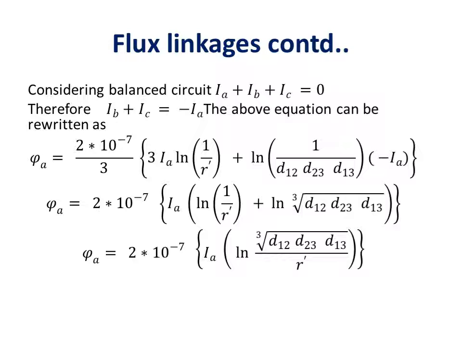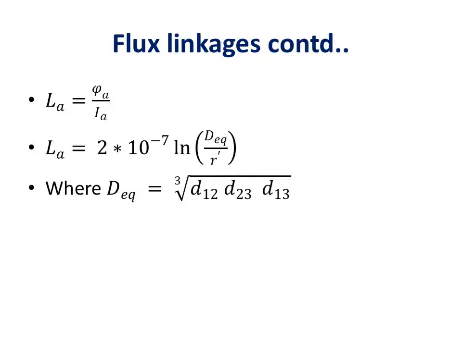And the inductance can be further estimated by using this flux linkages and current. So inductance is given by flux linkages divided by the current flowing through the inductor. So IA will get cancelled out, hence we will get 2 into 10 power minus 7 ln d equivalent by R dash, where d equivalent is cube root of d12 into d23 into d13.